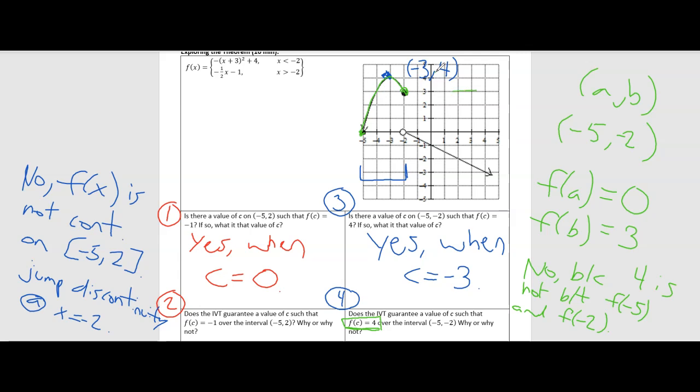It would have to be between these 2 y values right here, but you can see that it falls outside of those y values. So we can't use the IVT to say that the function has to touch that point. It can, and we see that it does, but it doesn't mean that the function has to.